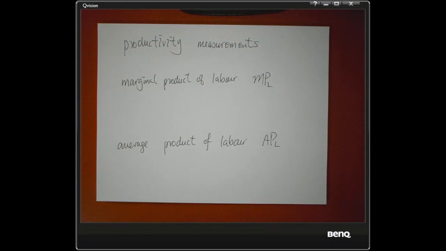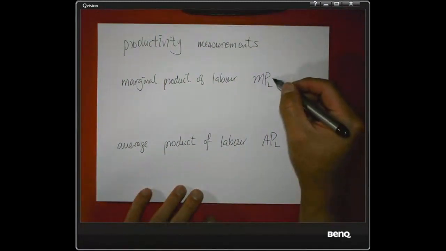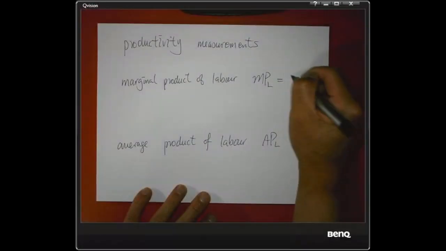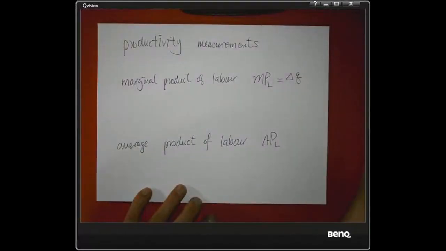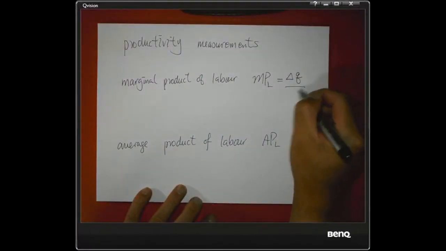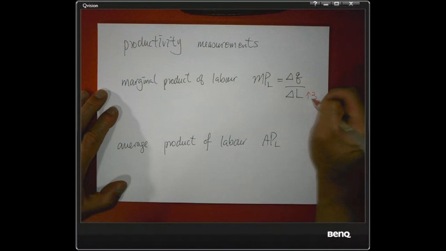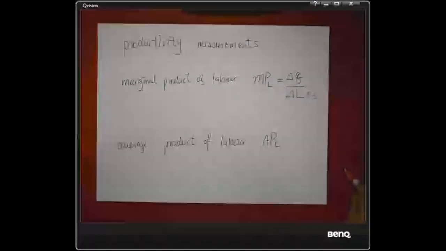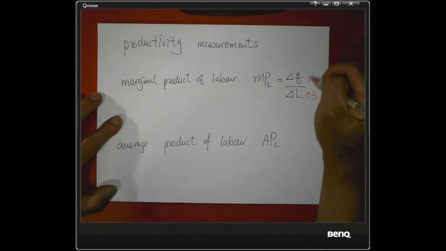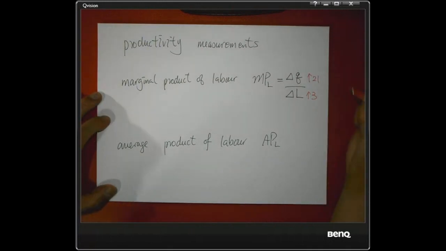So, definition. Marginal productivity of labor: the change in the quantity of outputs over the change in the labor inputs. In other words, suppose you increase 3 more workers in the factory. So you hire 3 more workers, and the output rises by 21 units.